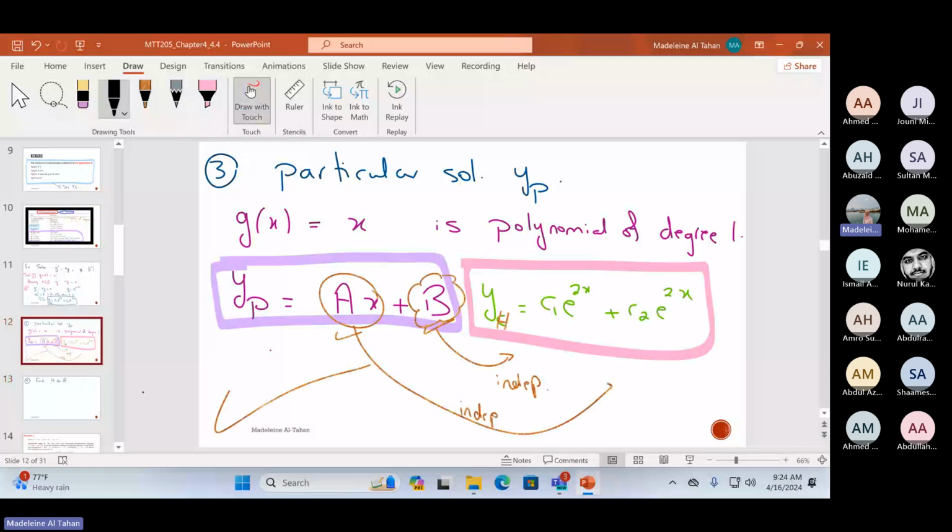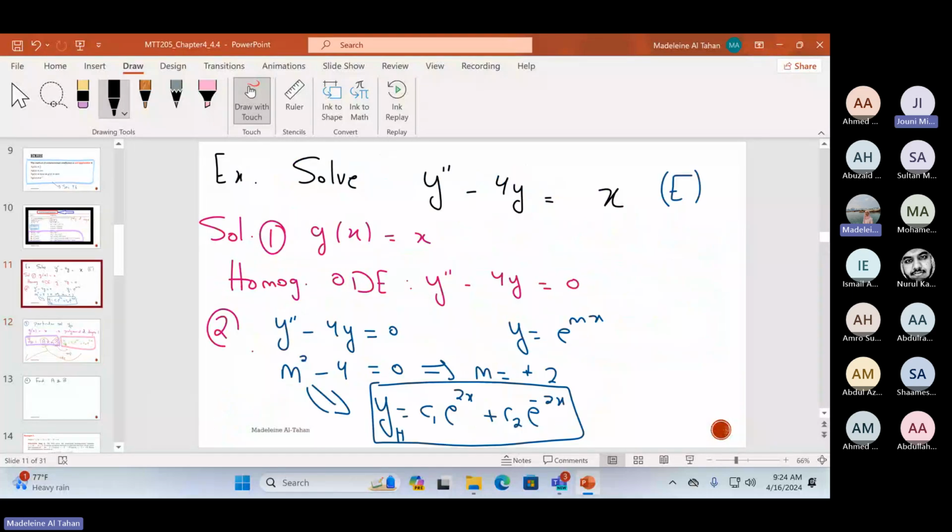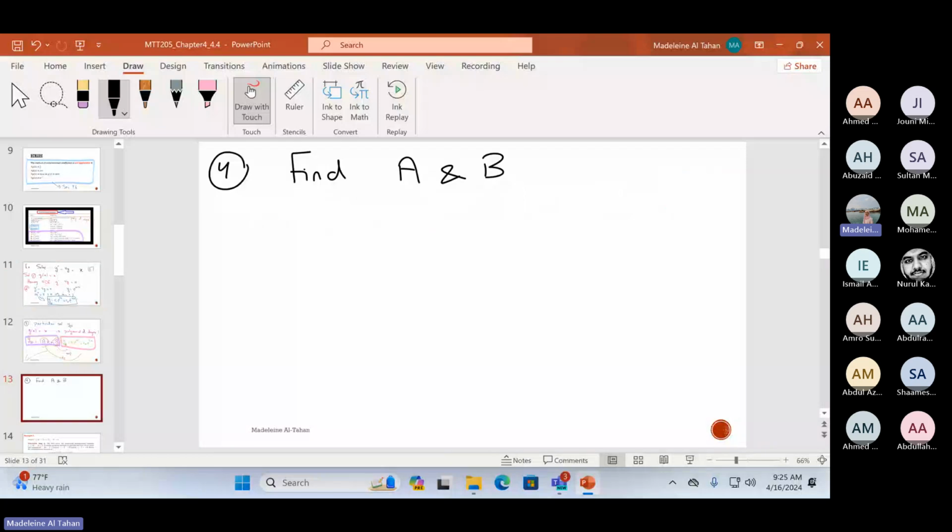Because in the particular solution, we have A and B. Can I find C1 and C2? C1 and C2 are the family of solutions, the parameters, and we can only find them in case we have an initial value problem. Do we have an initial value problem in our case? No. So C1 and C2 we cannot find in this question. The only thing we need to find is A and B.